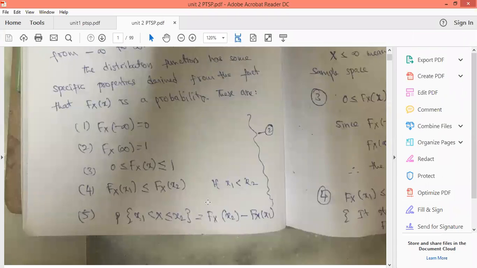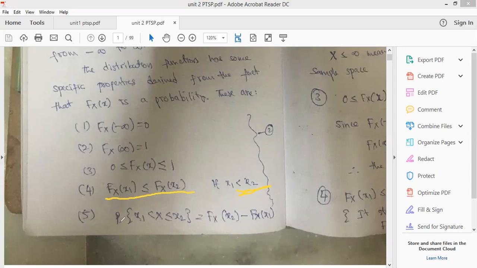What is the first property? F_X(minus infinity) will be 0, F_X(infinity) is equal to 1, and F_X(x) will have a value between 0 and 1. We also discussed that if x1 is less than x2, then F_X(x1) will always be less than or equal to F_X(x2).